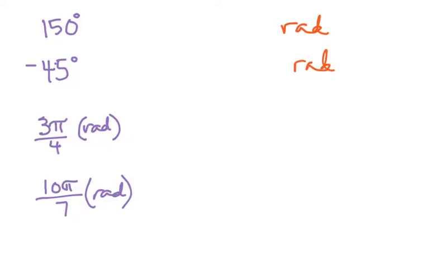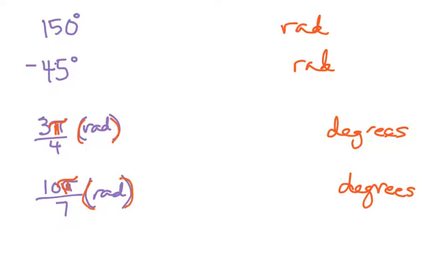But if you see something with a pi in it, that means you have radians, and you're going to change it into degrees. Normally, if you see a pi, we don't actually write the word radians. That's why I have it here in parentheses. You just have to know that if it's pi, that's radians.